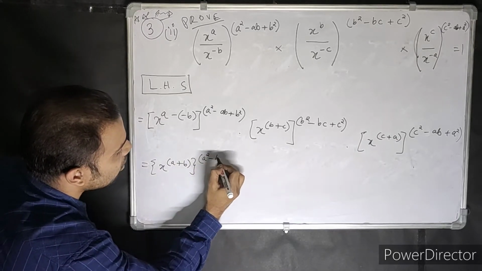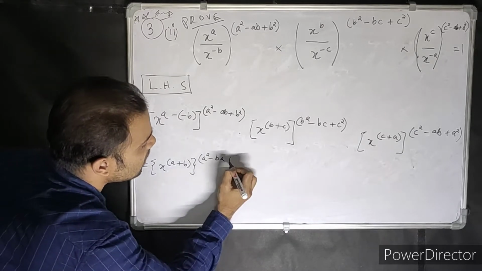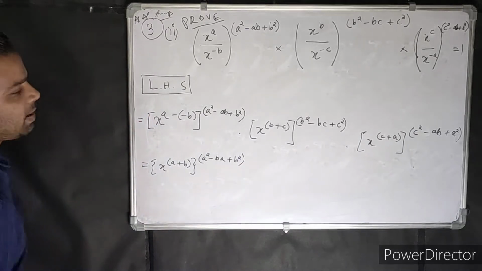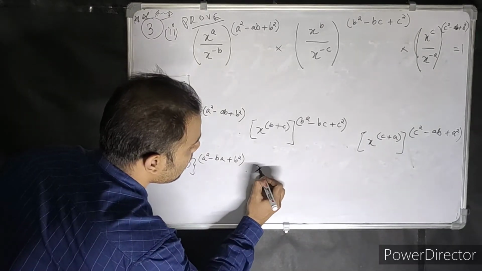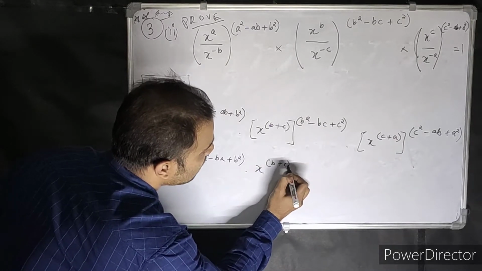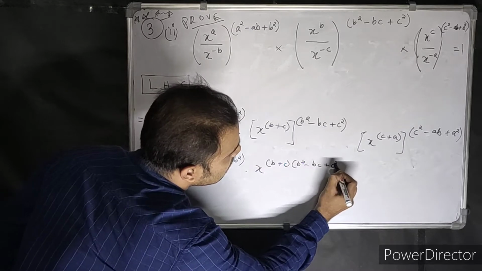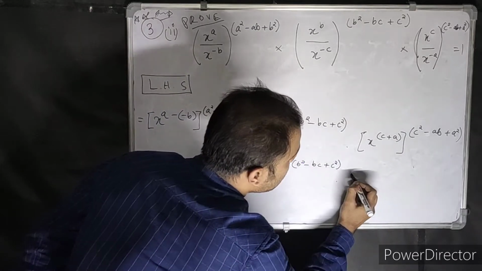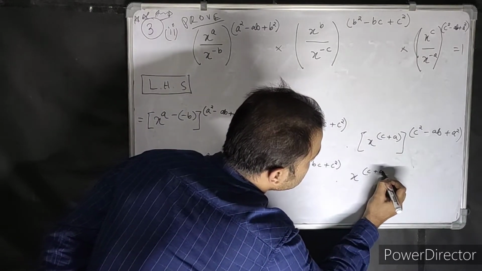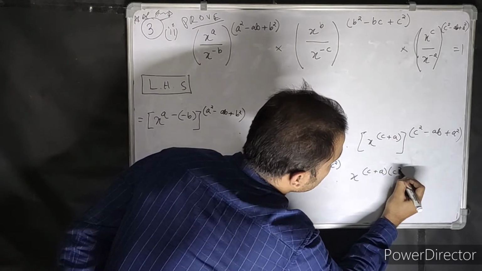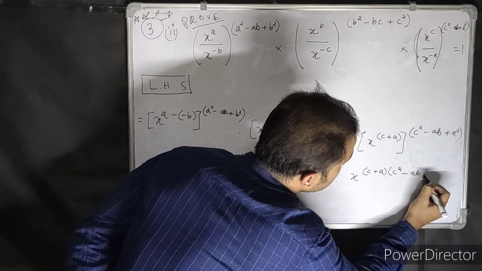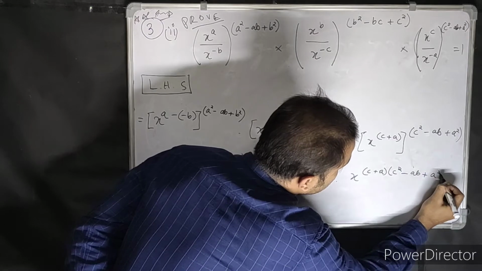You can put whatever bracket you like. Dot x to the power b plus c into b square minus bc plus c square, into x to the power c plus a into c square minus ca plus a square.